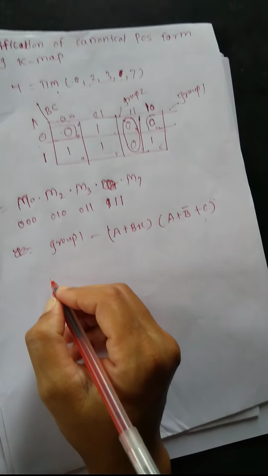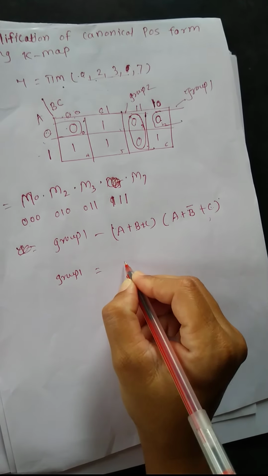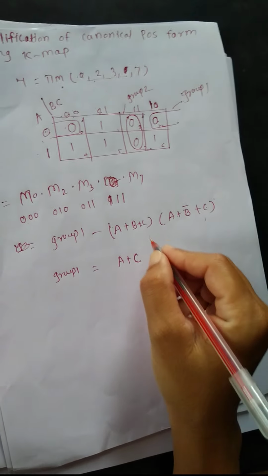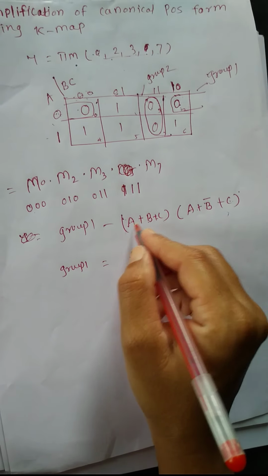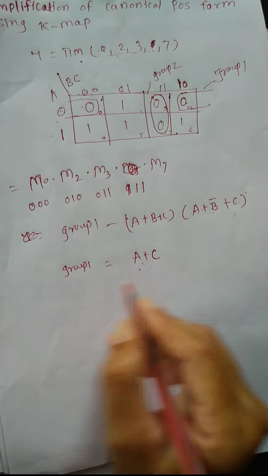After simplification using the laws, you get the answer for group 1 as A plus C.